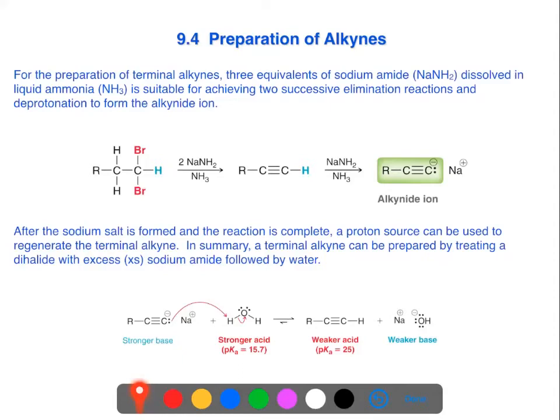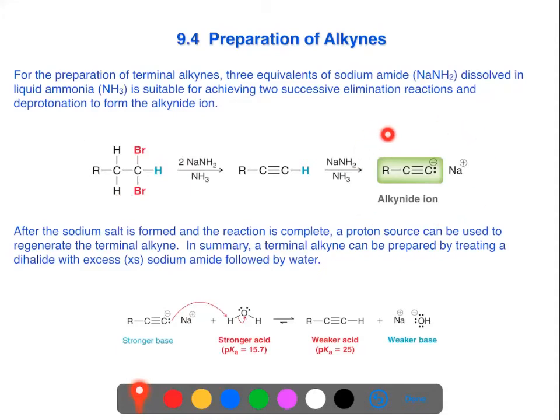And so by adding that excess sodium amide, we're ensuring that we form the alkynide ion. Now I know what we want is the terminal alkyne, but we go a little bit further past the terminal alkyne to ensure that all of the dihalide and all bromoalkene present in solution goes to the alkynide ion.